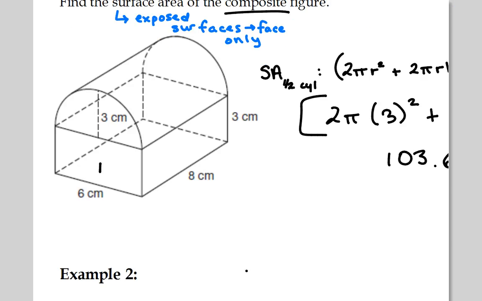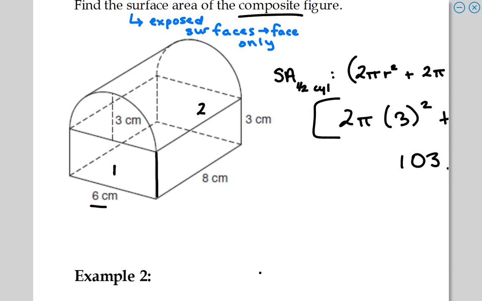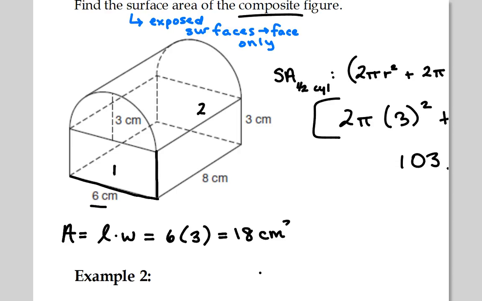Let's take care of the front and the back. Face 1 and face 2. What's the dimensions of face 1 and face 2? 6 by 3. Okay, 6 by 3. That's area of a rectangle. And it's 6 by 3. And you get 18 square centimeters.